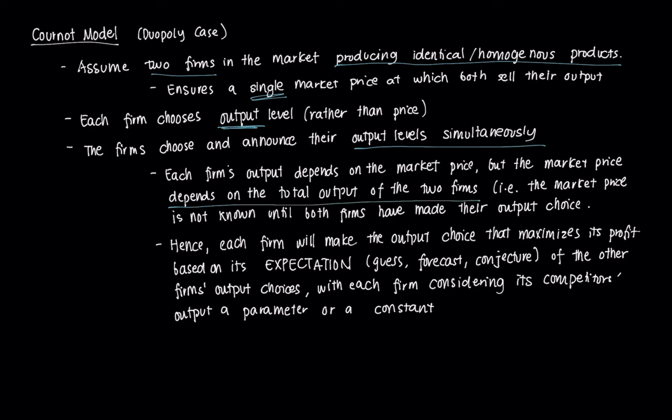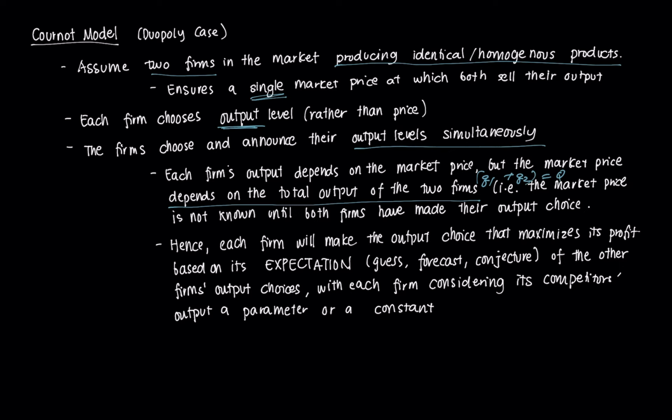That's the output of firm 1, Q1, plus the output of firm 2, Q2, to get the total market output. It suggests that the market price is not known until both firms have made their output choice. So when they set their output choice simultaneously, then it will be known.